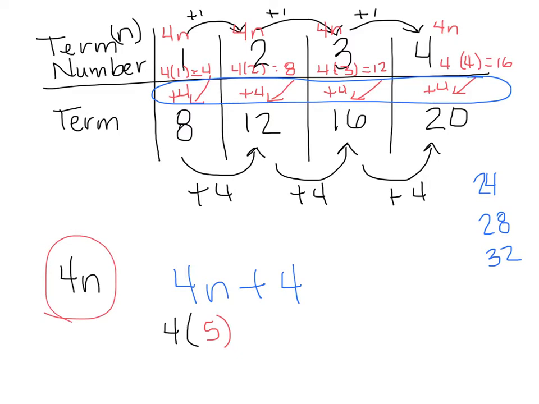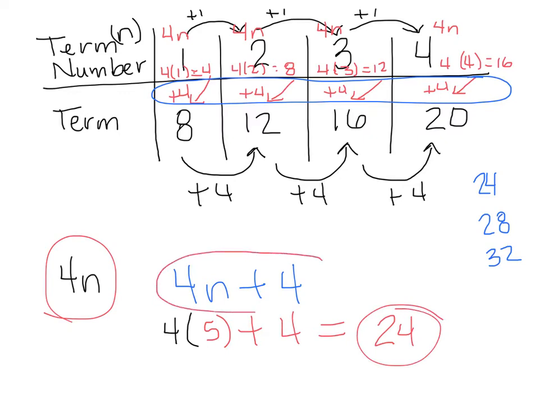Okay? So 4 times the 5 plus 4. Does that give me 24? It does. So I know that this expression is correct where this one would not be.